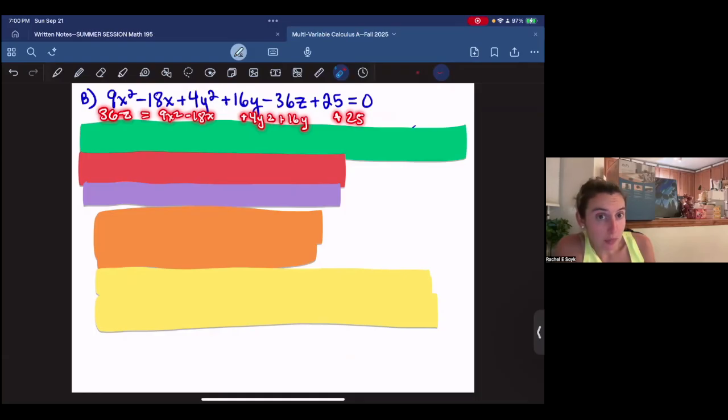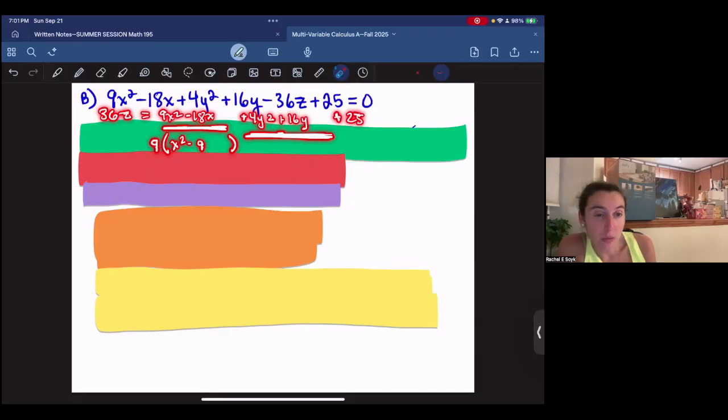And now we can clearly see, okay, how do we complete the square with these two quadratics? Well, negative 18, you could divide that by 2 and square it, or you can factor out a 9 from each of the terms. So we have 9 in parentheses, x squared minus, and then leave space.